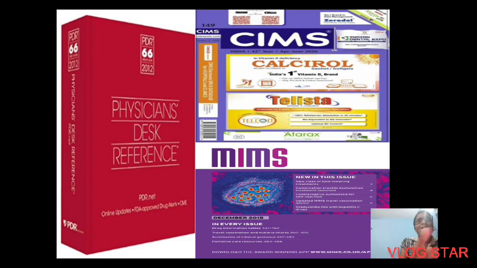The only difference between the national formularies and SIMS, MIMS and physician desk references is that the same drug will be manufactured by different brands, so different companies, and those brands and their formulations, their strengths will be included in these SIMS and MIMS, and that will be updated every month and every 3 months once. So the only additive information is the brands and the strength information and the formulations available.